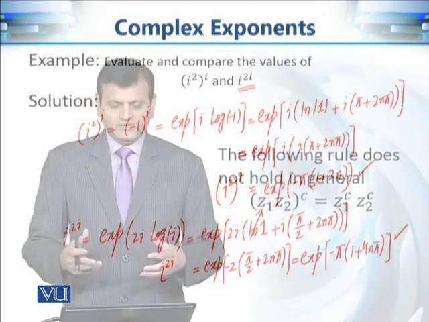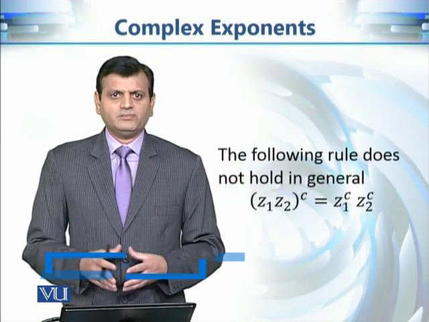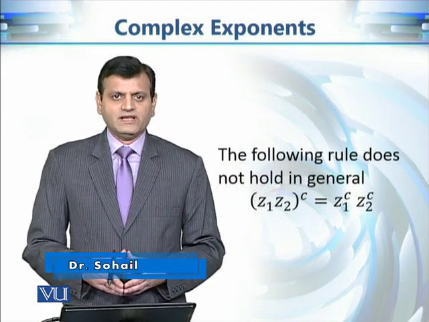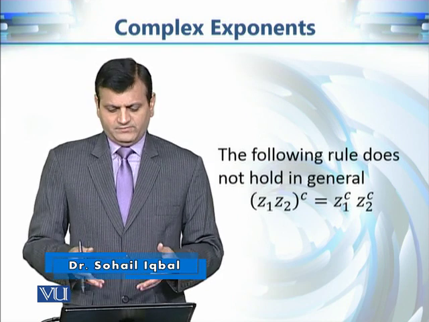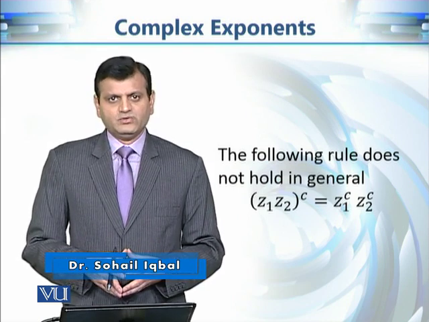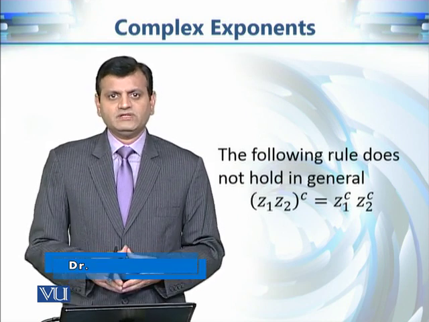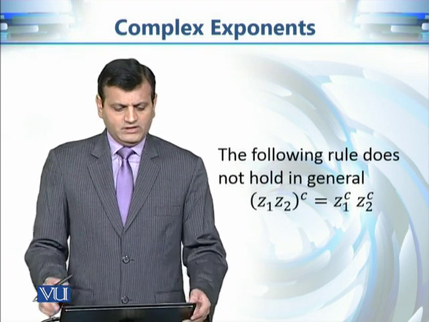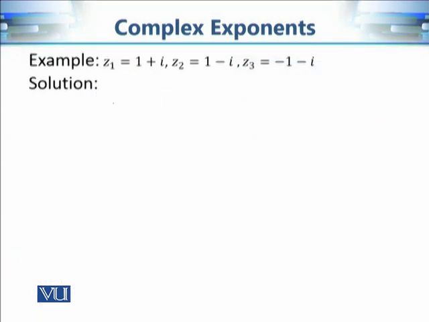Now let's have a look if the following property also holds in the case of complex exponents. For example, z1 z2 raised to power c is equal to z1 raised to power c multiplied by z2 raised to power c. Unfortunately this does not hold in general. If we take z1 to be 1 plus iota, z2 to be 1 minus iota, z3 to be minus 1 minus iota, then z1 z2 raised to power iota is equal to z1 raised to iota into z2 raised to iota.